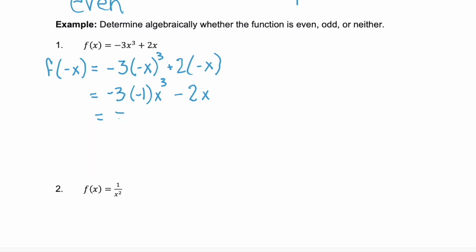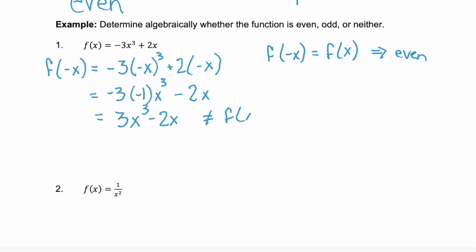So this simplifies to 3 times x cubed minus 2x. Now, if f of negative x equaled our original function, it would be even. So, because this does not equal f of x, we're going to say, therefore, it's not even.